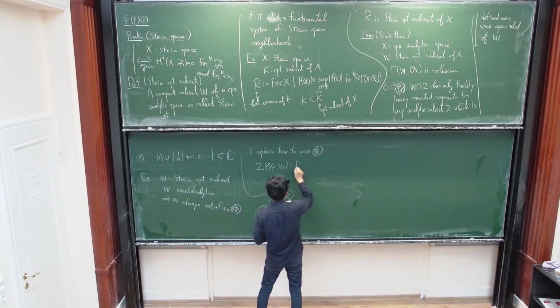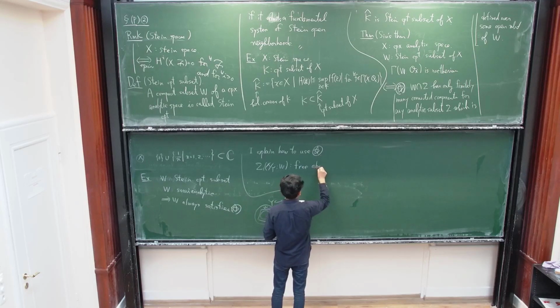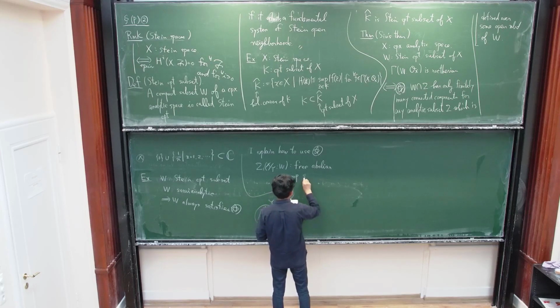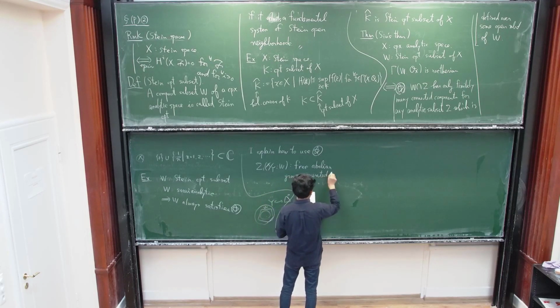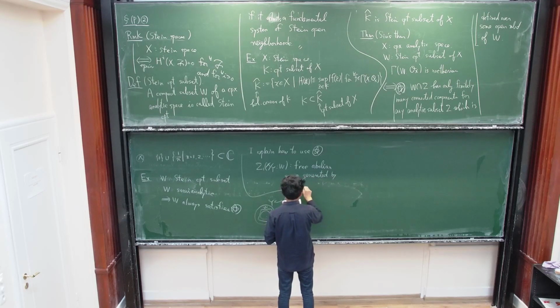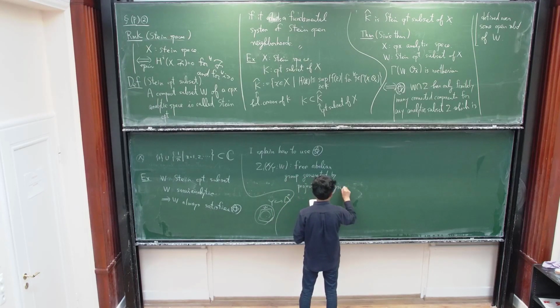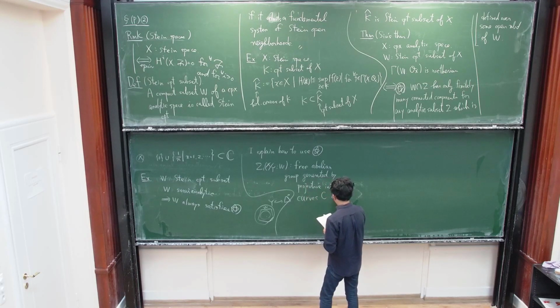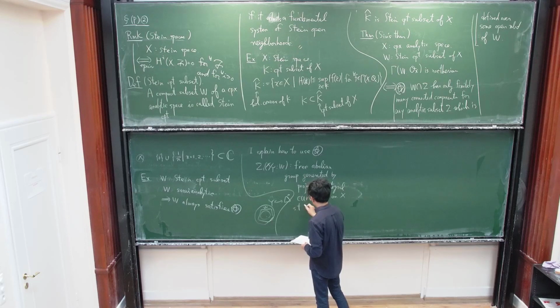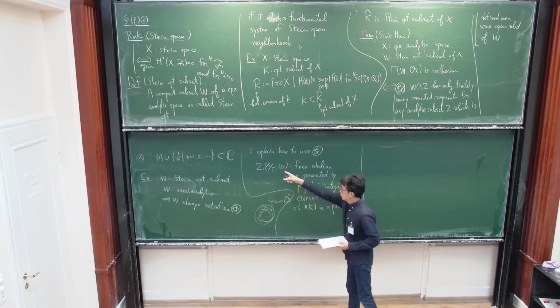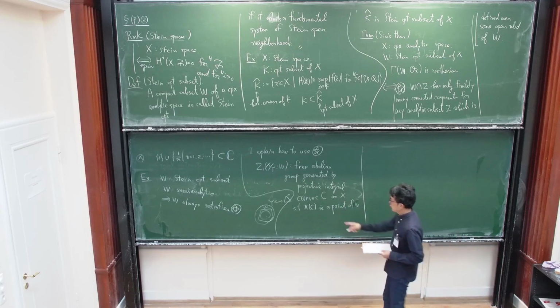This is a free abelian group generated by projective integral curves C on X such that pi of C is a point of W. This is a very big free abelian group.